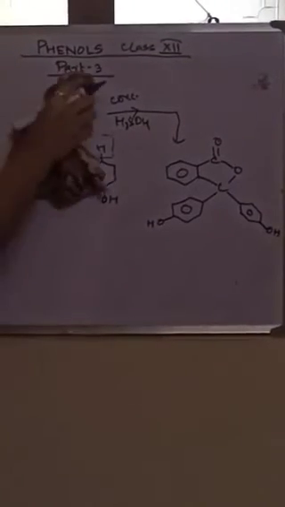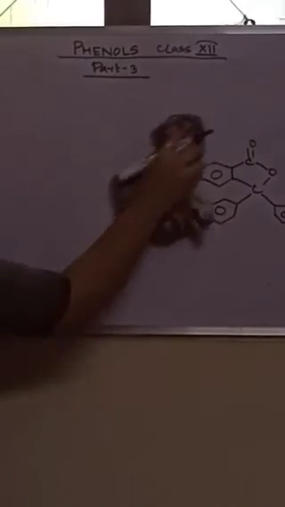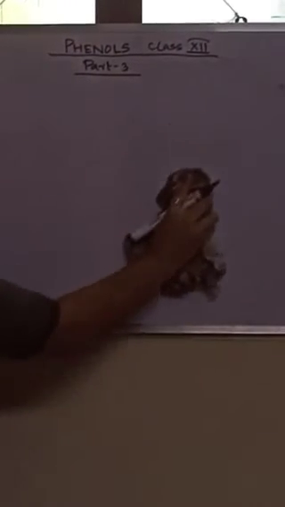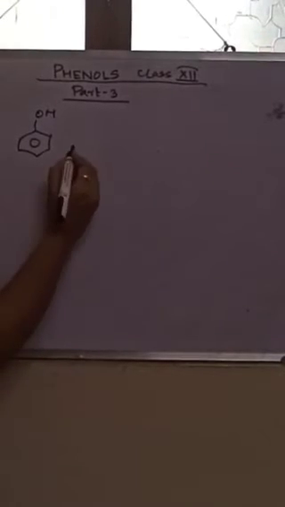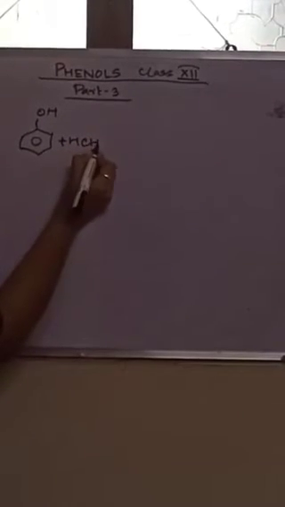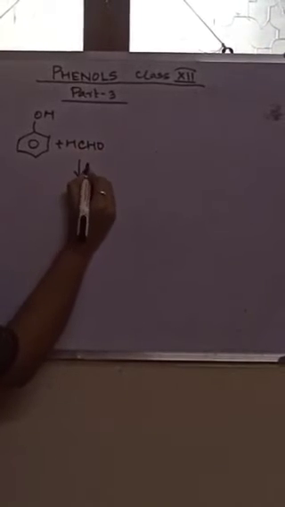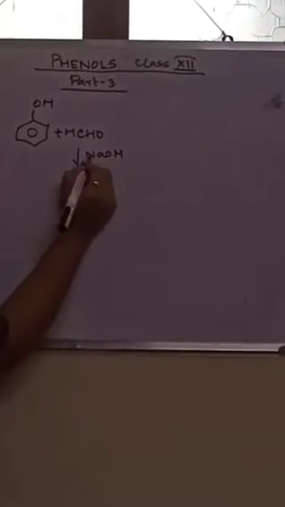Next is condensation with formaldehyde. Okay. Phenol condenses with formaldehyde in presence of dilute acid or alkali at low temperatures. I am using dilute alkali.